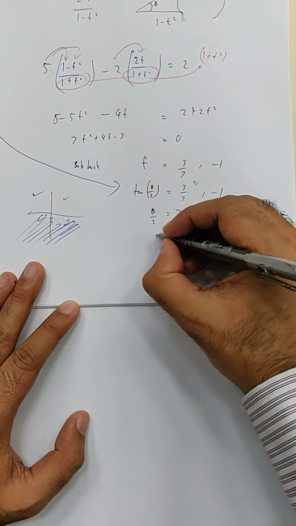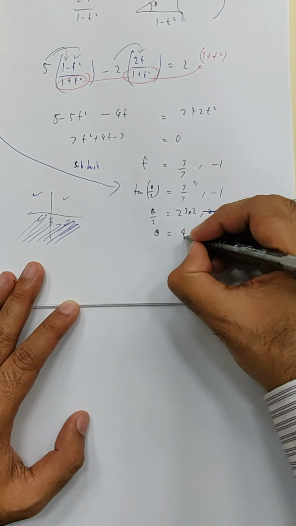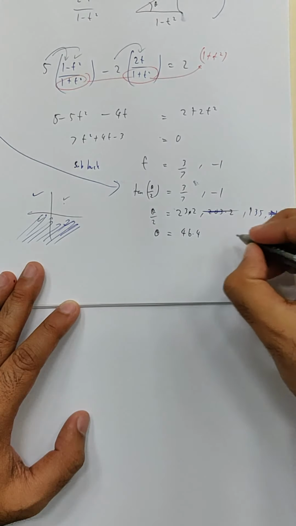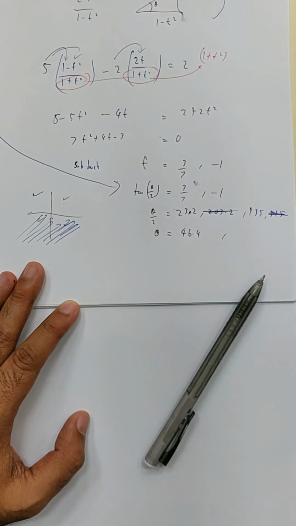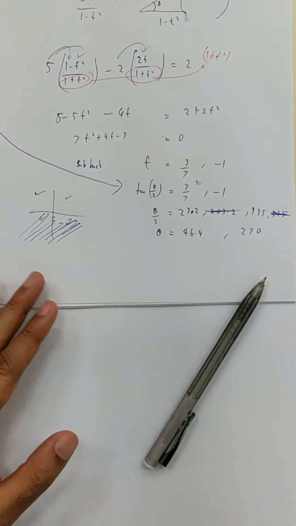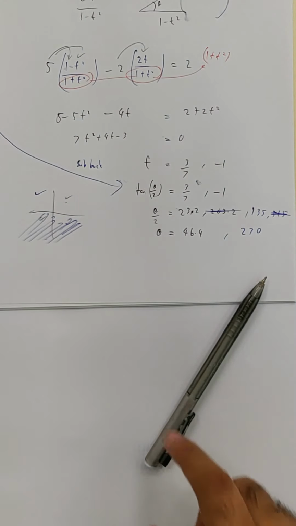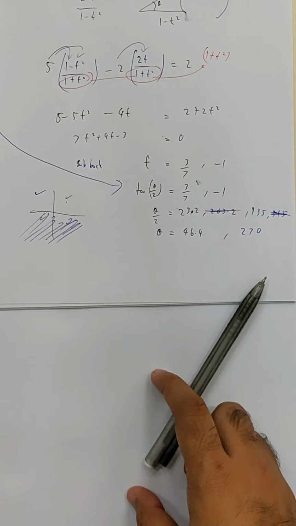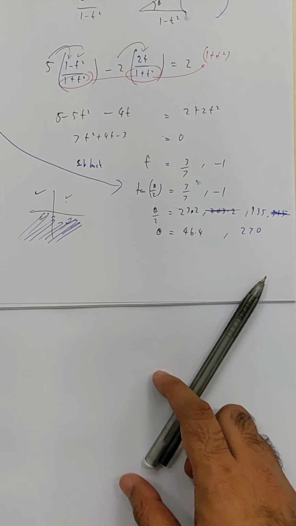Okay, now we times by 2. We got ourselves 46.4. The other one will be 270. Is that our final answer? That's the second trap.